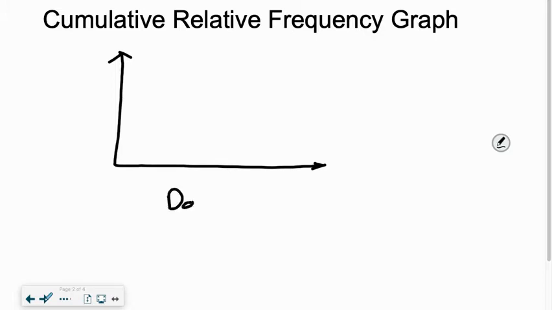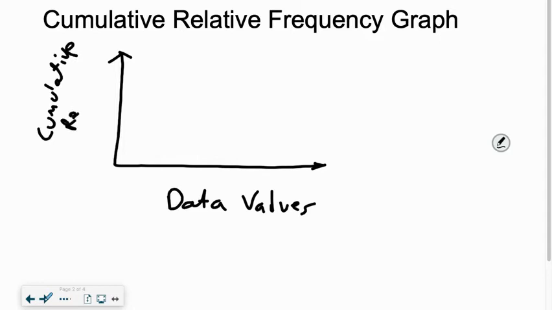You've probably seen these before with ACT scores. Cumulative relative frequency graph. So this is going to be graphing your data values on the x-axis, and the cumulative relative frequency will go on the y-axis.